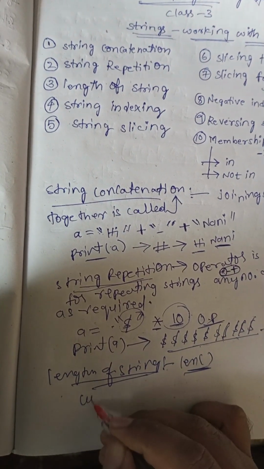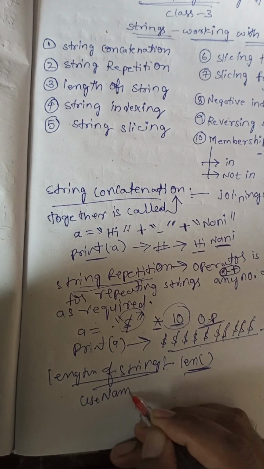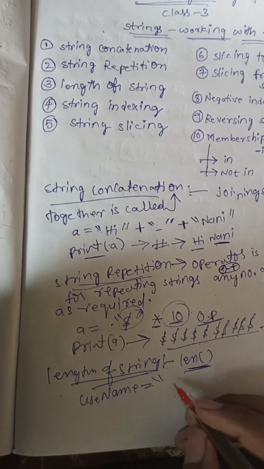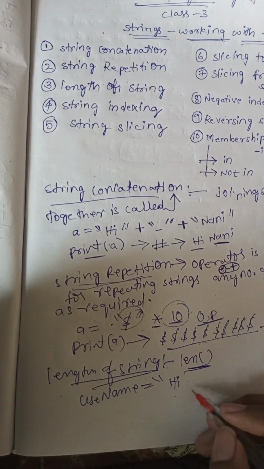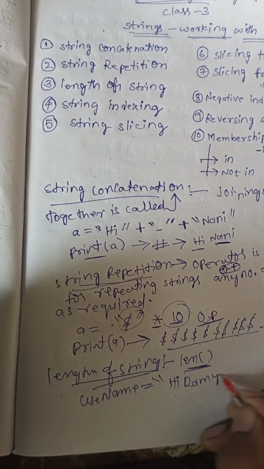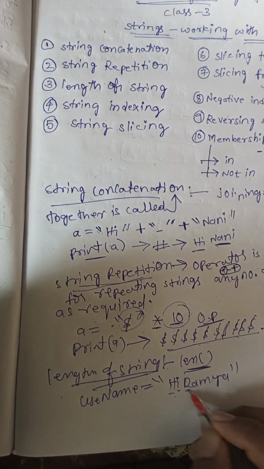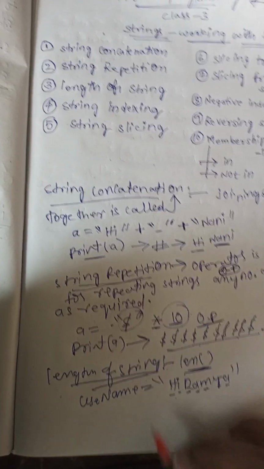Example, we can take username, hi Ramya likes. You have taken. How many letters are there? 1, 2, 3, 4, 5, 6, 7. 7 is there.